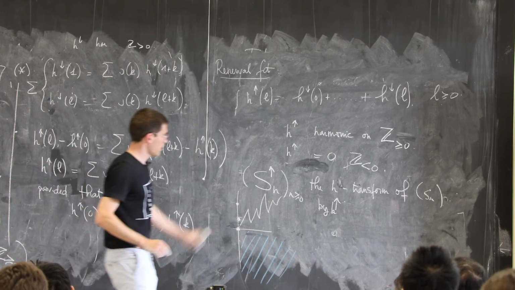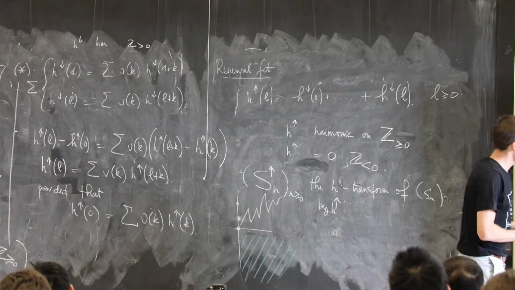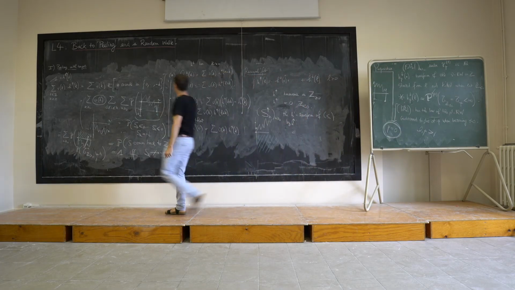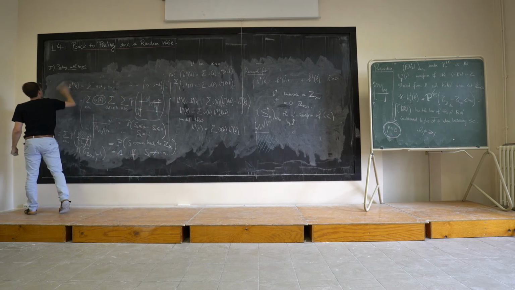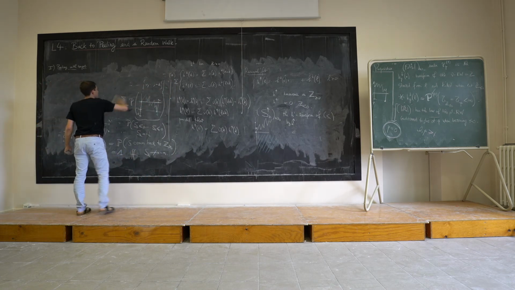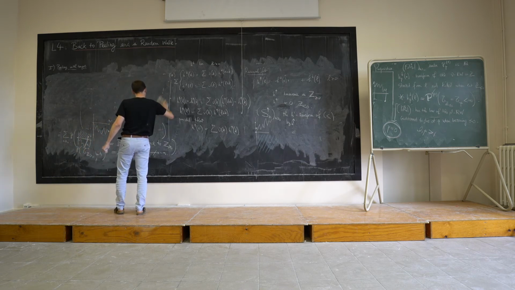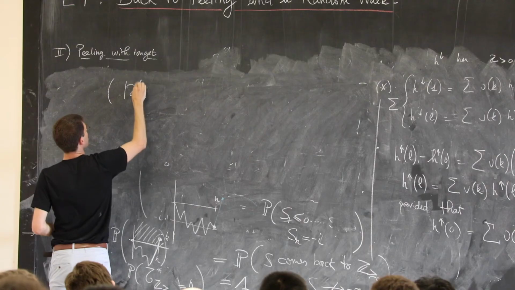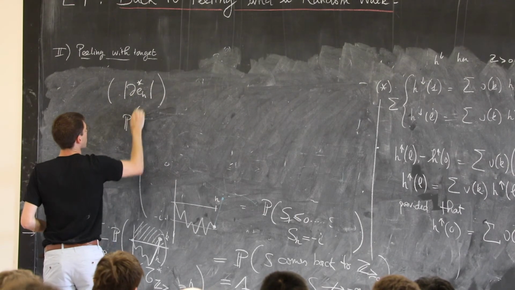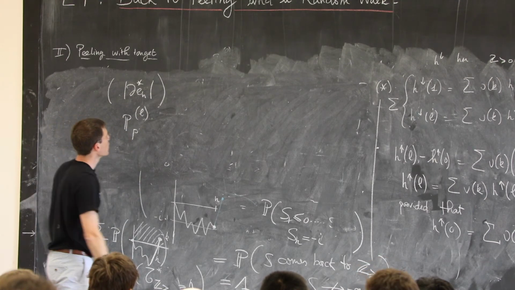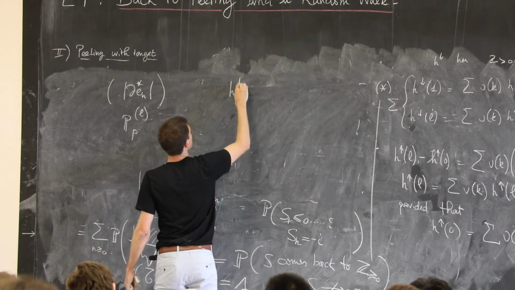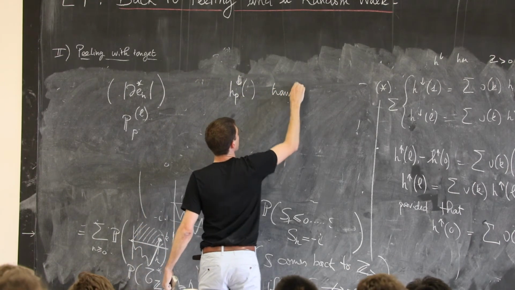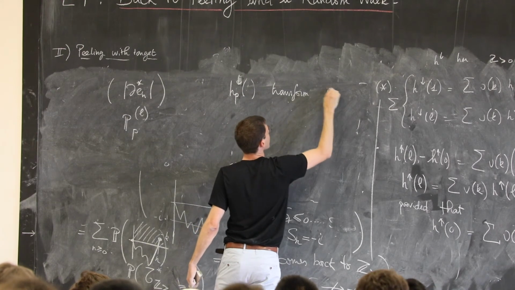All right, so let me make a teaser now of what we are doing next time. We have this perimeter process under this target measure, which is an H_P down arrow transform of the new random walk.